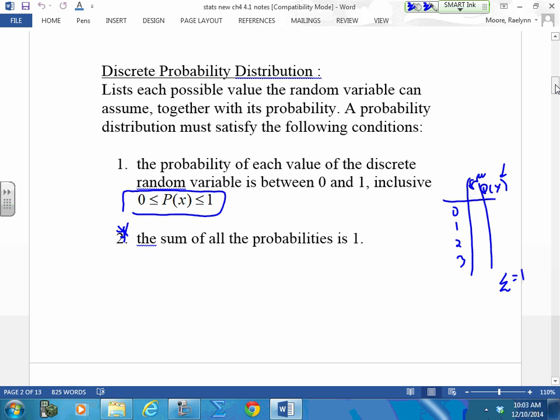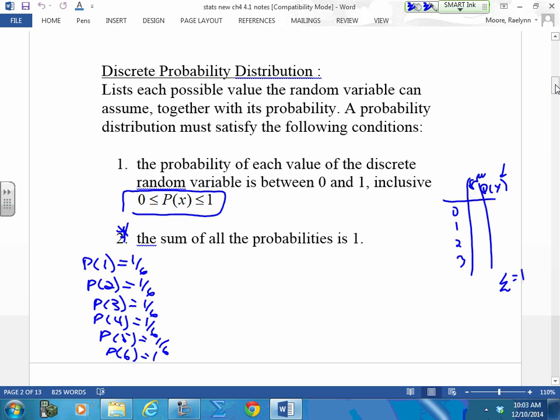And we know this. If we roll a die, and the die has 1 through 6, the probability of 1 is 1/6. The probability of 2 is 1/6. All of them have a probability of 1/6. What is the total if I add them all up? 1.